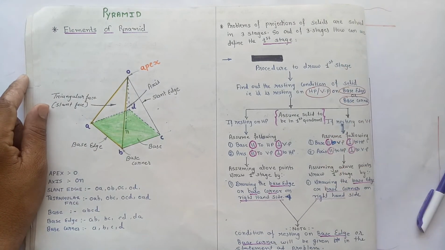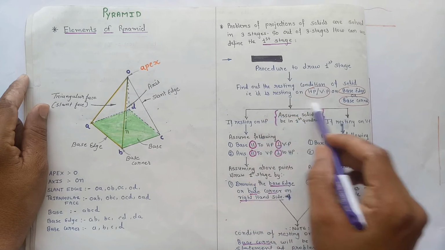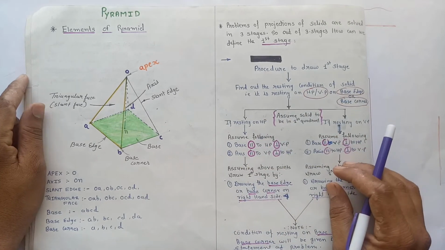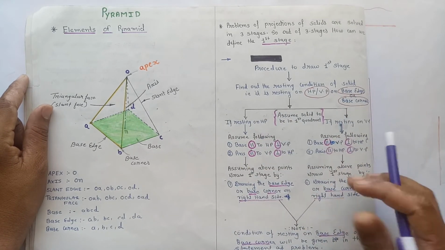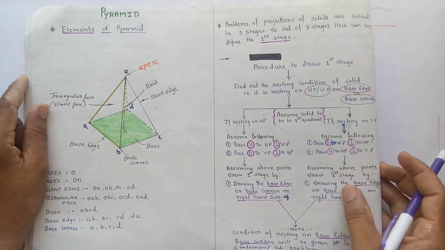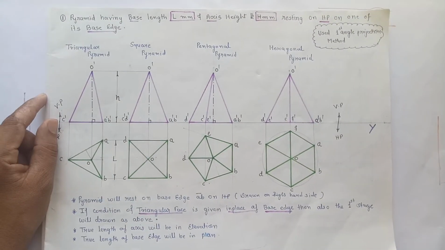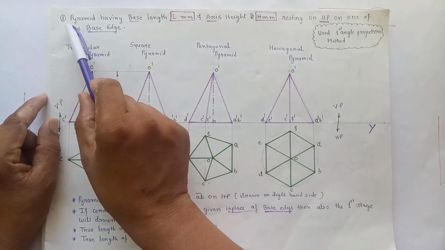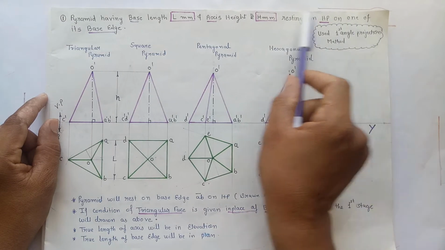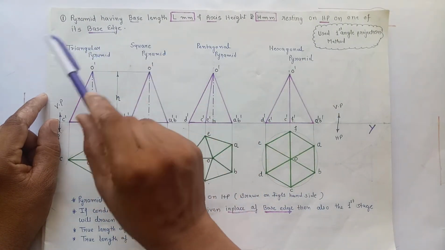So following this procedure, you can draw the first stage by finding this particular statement from the given statement of the projection of solid. If you refer to the problems of projection of solids, you will find this type of statement in the given problem.